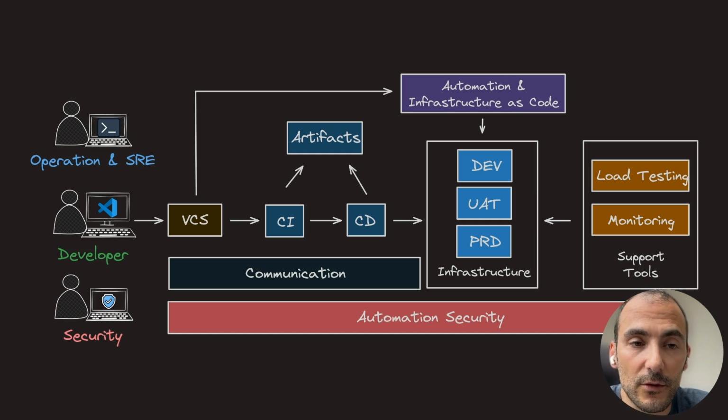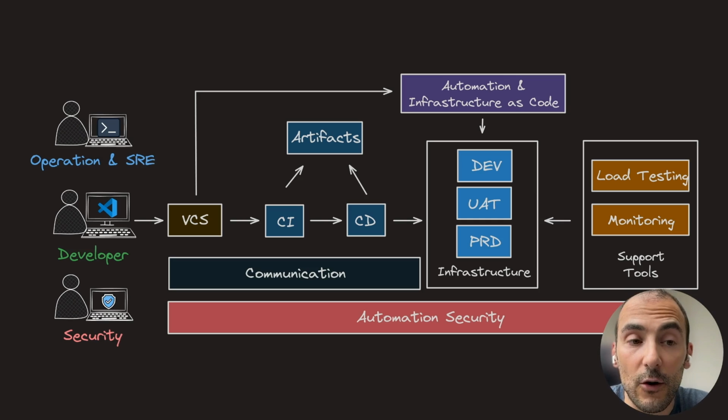And then we have, of course, the operations team, SREs, who created some automation and infrastructure as code around this, delivering the application to the specific environment. And of course, the security team also takes care that everything complies and follows specific rules. And also important, we have some supporting tools, for example, load testing and monitoring. So this could be a typical flow you already encountered and you may already have it at your place.